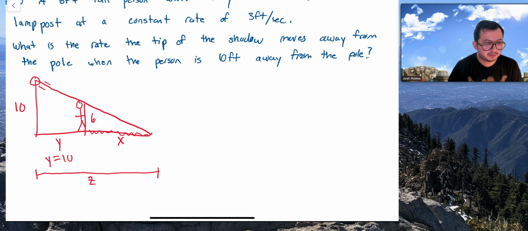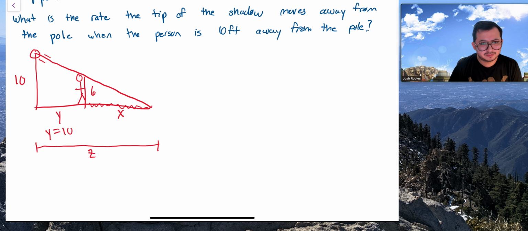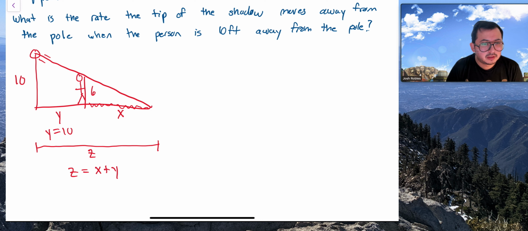There's a simple relationship there, that length that I'm just calling z. Maybe we should make sure to label our variables something that makes sense, but we can also just label them random letters. So z is just x plus y. We can leave x plus y, but the question is asking for this length here. So it says, what is the rate the tip of the shadow moves away from the pole?